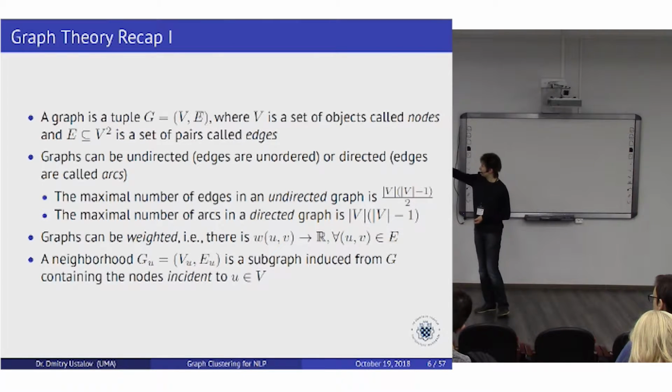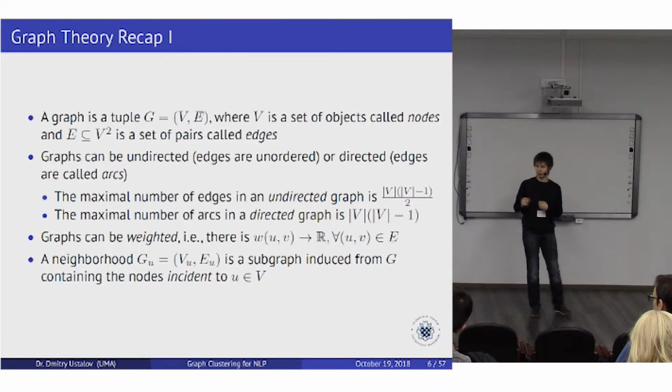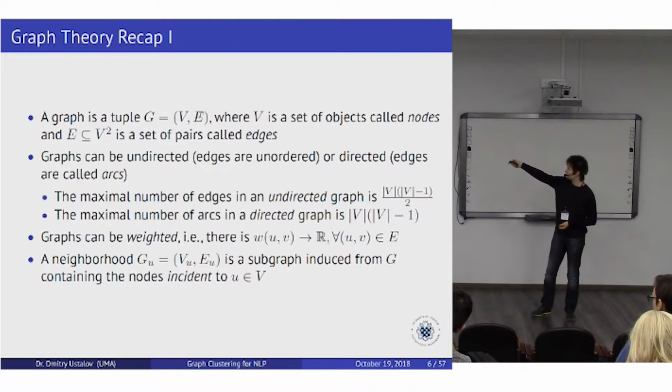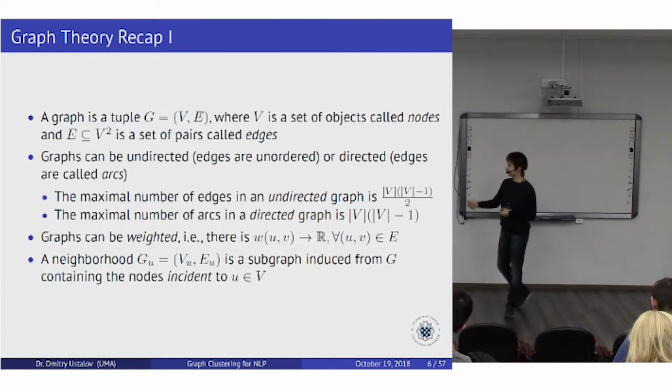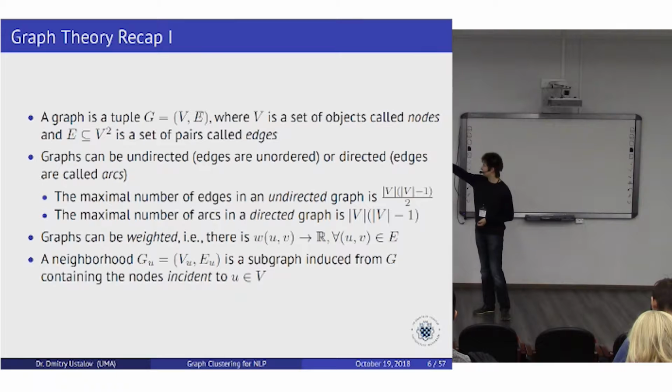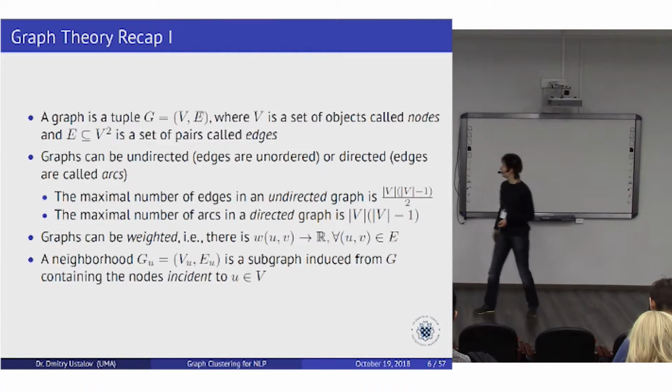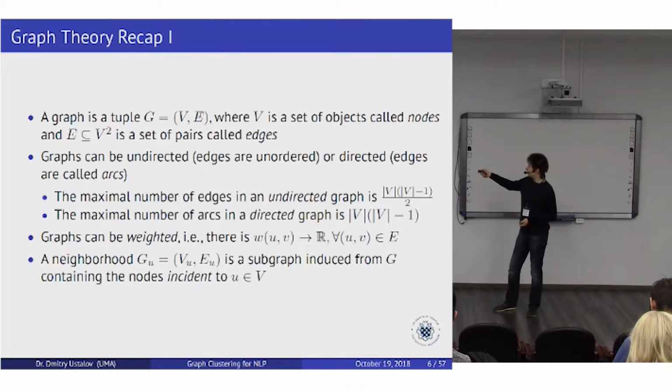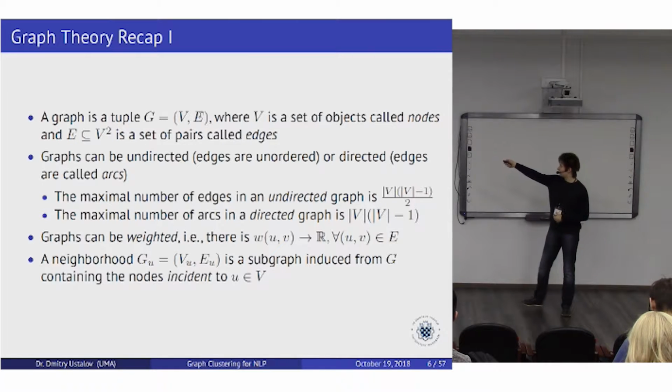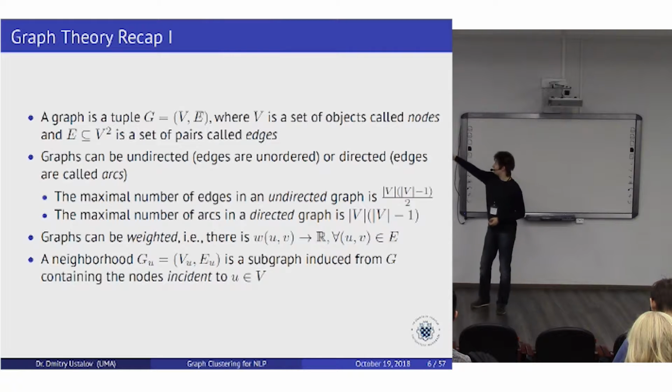Second, graphs can be undirected. So they have no directions between the nodes, no arrows. In directed graphs, nodes can be pointed to each other. We'll focus mostly on undirected graphs. There are a few properties: if you have an undirected graph, you can have at most this number of edges.